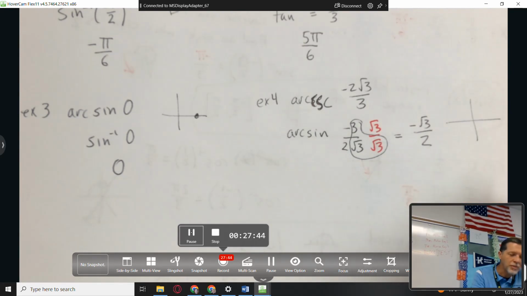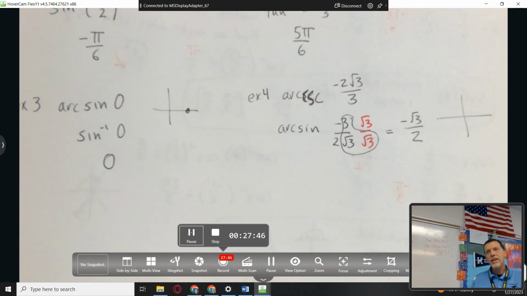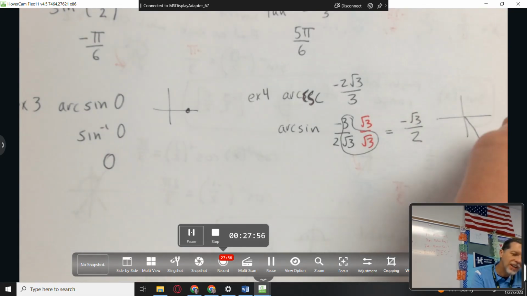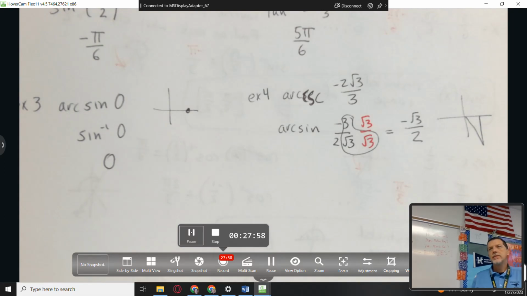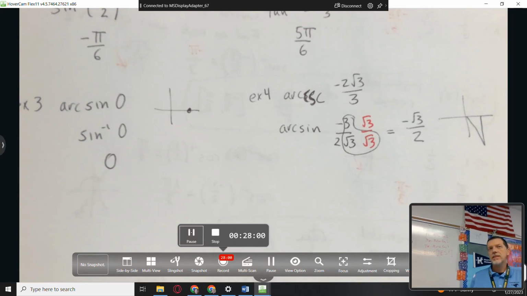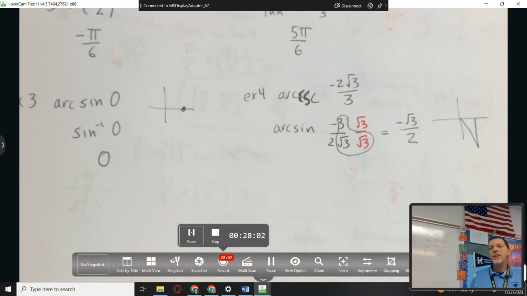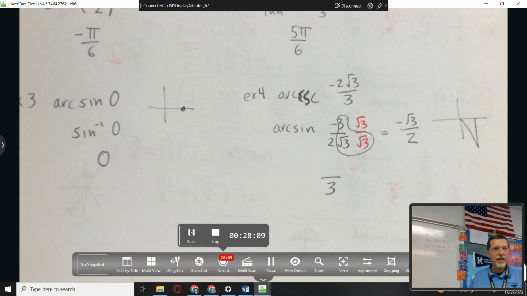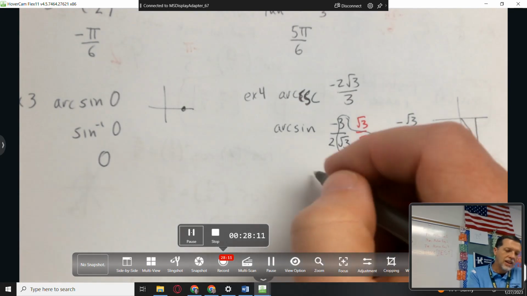Root 3 over 2, that's the long side. So I need the steep angle, fourth quadrant. It's got to be over 3. Negative pi over 3.